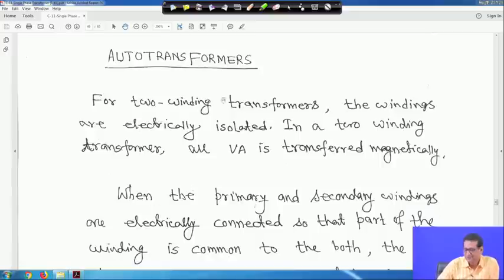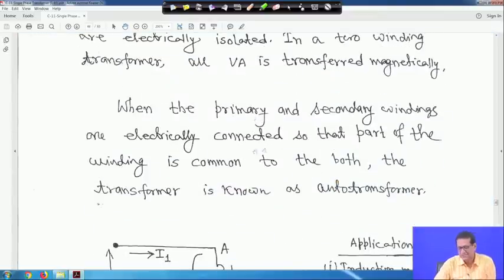For two winding transformers the windings are electrically isolated, that we have seen. In a two winding transformer all volt ampere is transferred magnetically, that also we have seen for single phase transformer. When the primary and secondary windings are electrically connected, so that part of the winding is common to both, the transformer is known as an auto transformer.